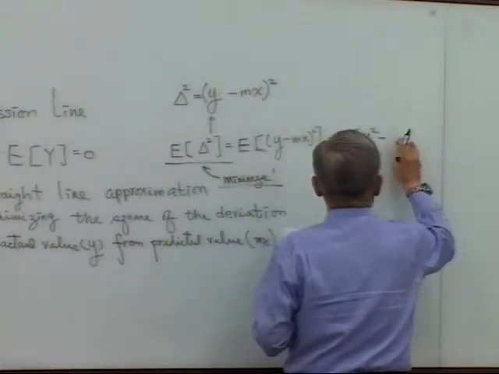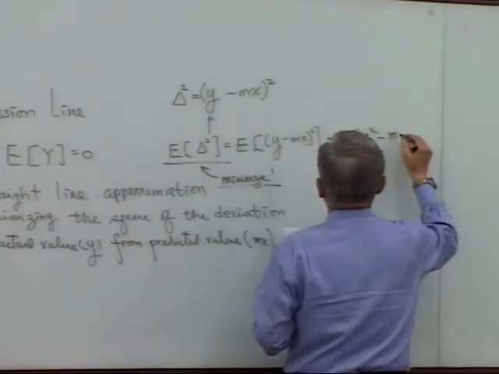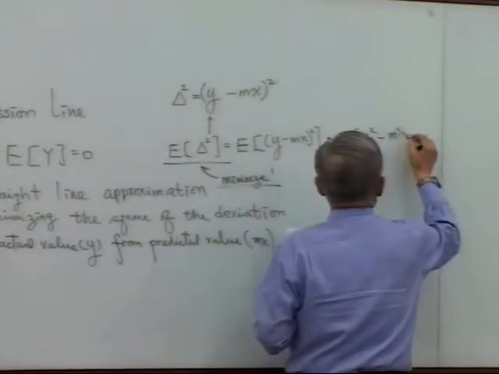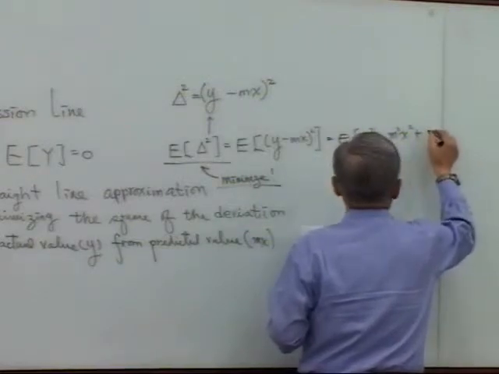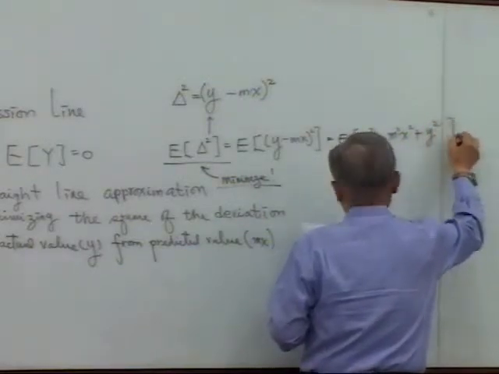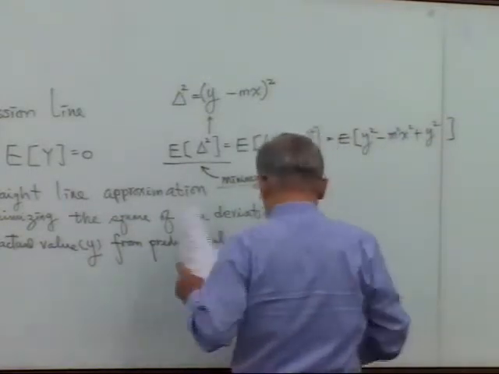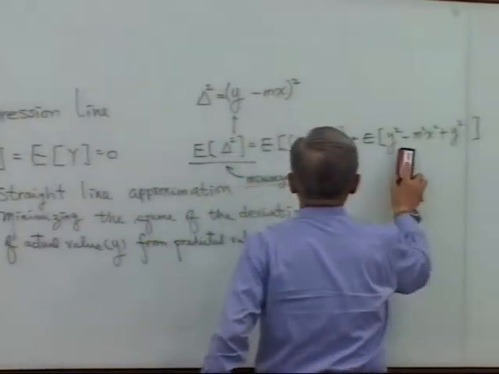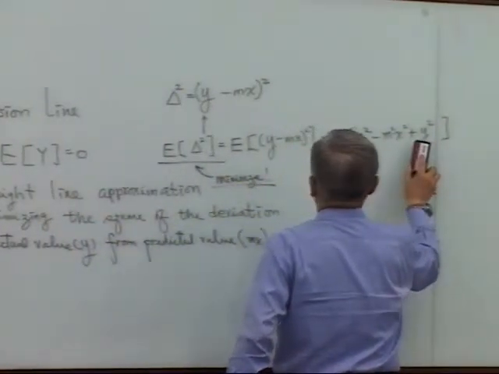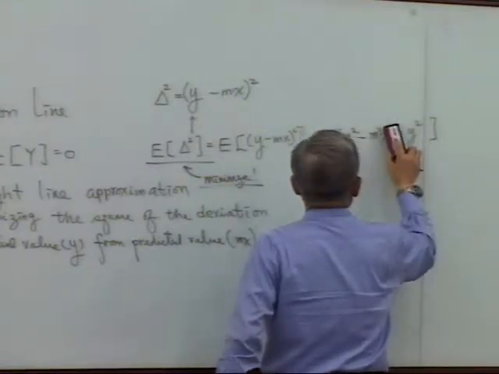So it's going to be m squared x squared plus y squared minus 2mxy.